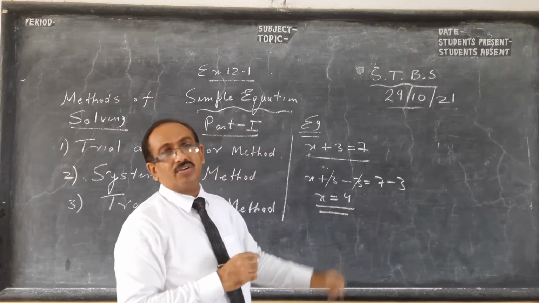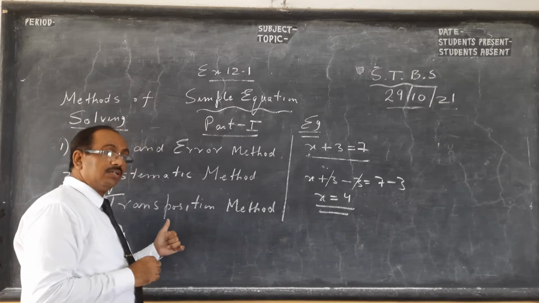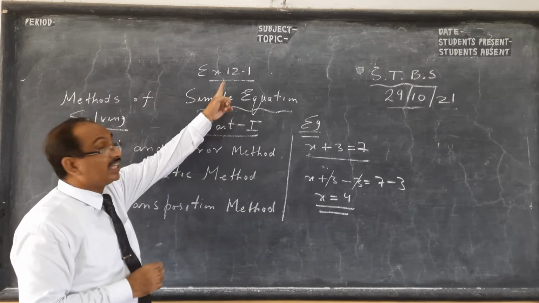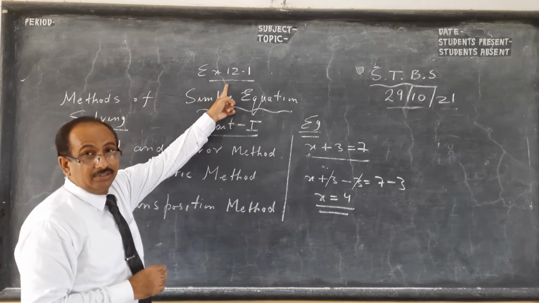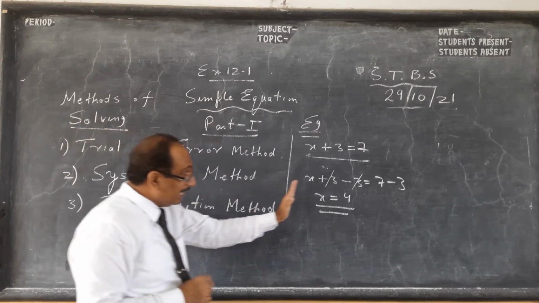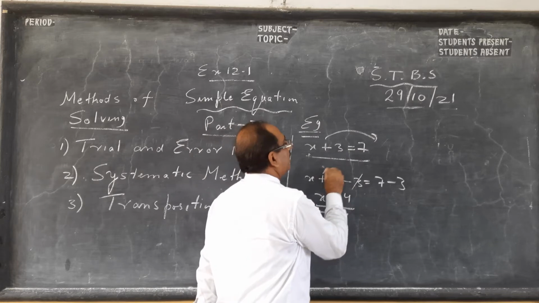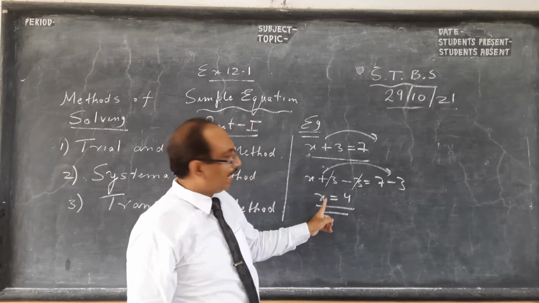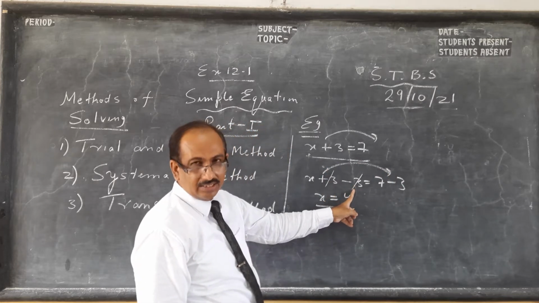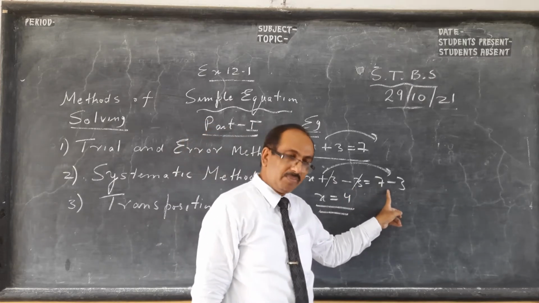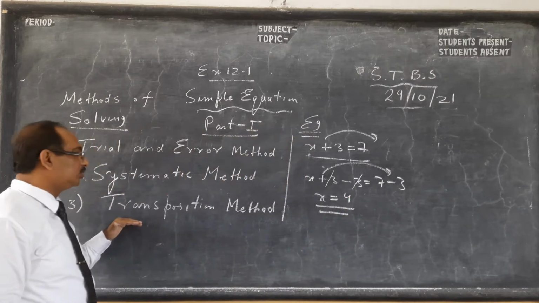So actually what we see is that we come to the transposition method, which we will do in exercise 12.2. There you will see this same thing, rather than writing, we say when plus goes to that side, it becomes minus. Actually children, plus and minus cancel here and minus remains here. So this is called the transposition method.